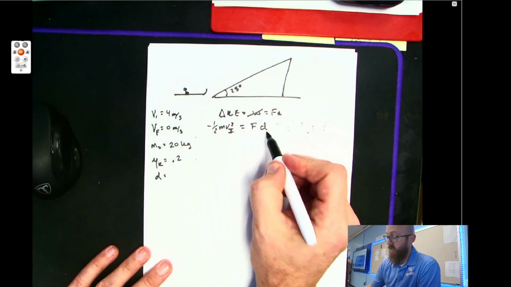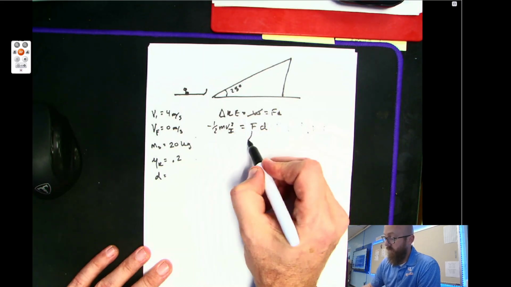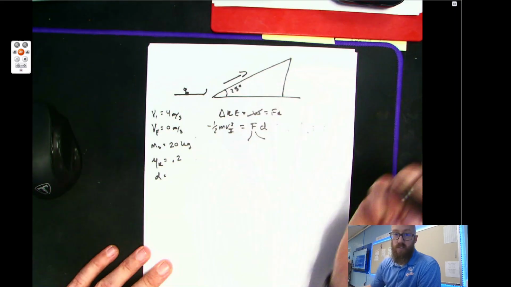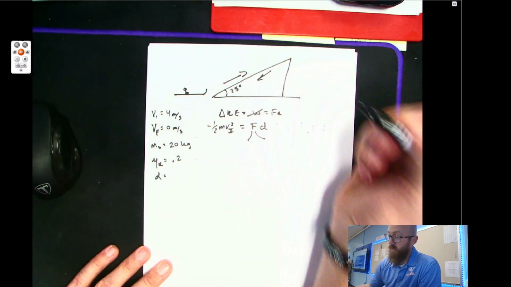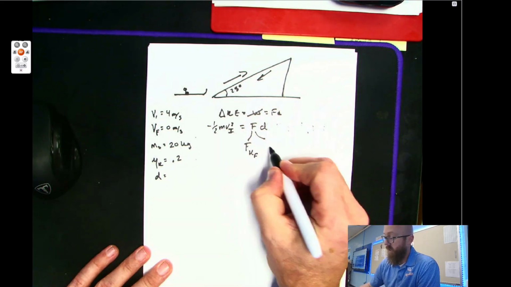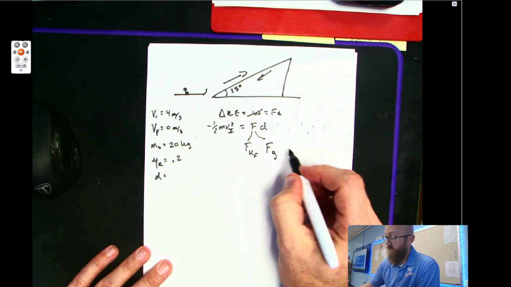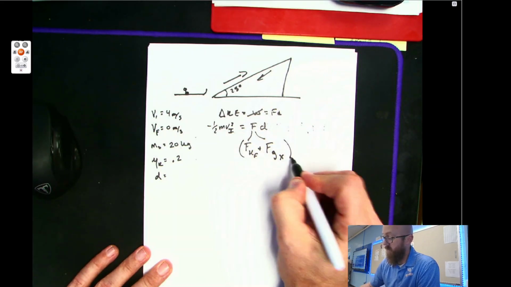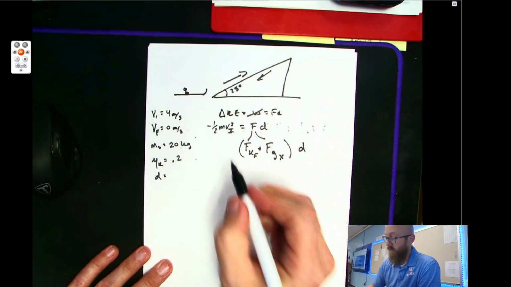So force times distance, what are my forces? If I'm going up this hill like this, the force going this way is force due to kinetic friction and the force due to gravity in the x direction. Both of those combined are fighting against my distance that I'm going.